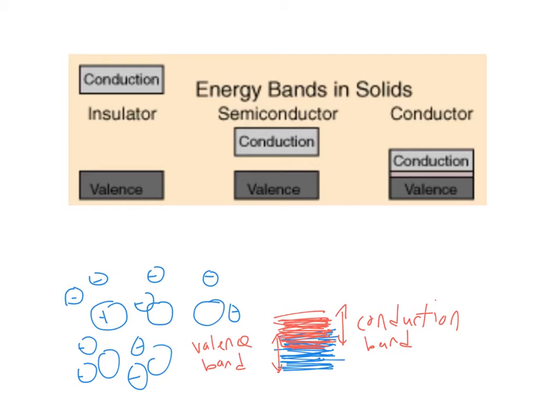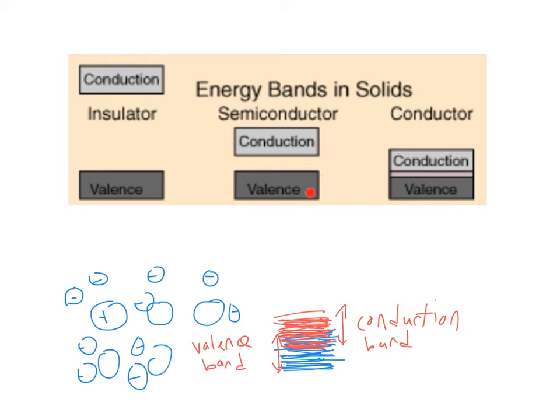But in a semiconductor, the difference between the valence band and conduction band is that there is a gap in between. Why? Because in a semiconductor or even an insulator, the valence band is completely full. That means for the atom, the outermost shell is completely full. There are no more vacancies.